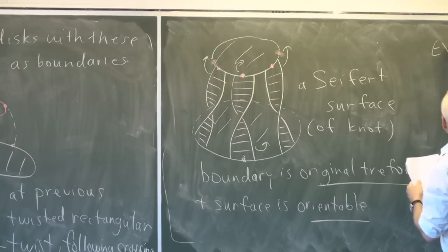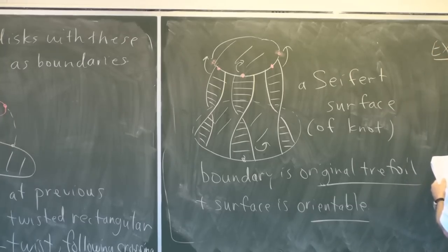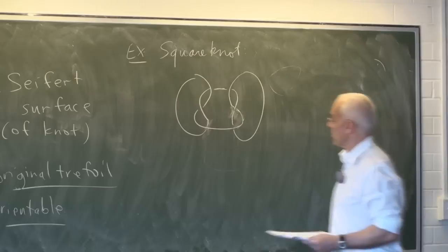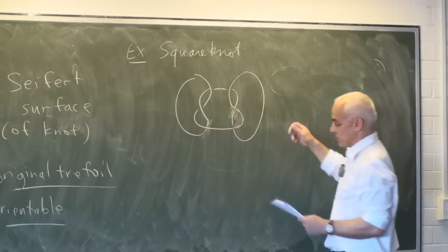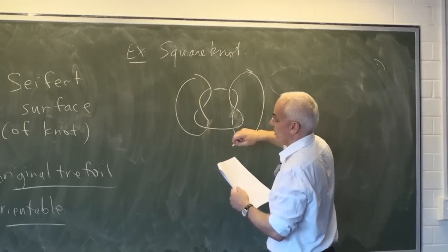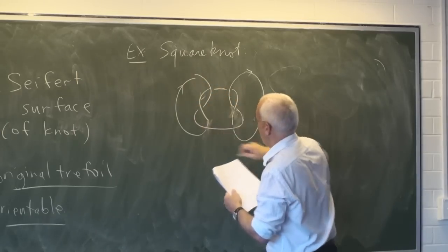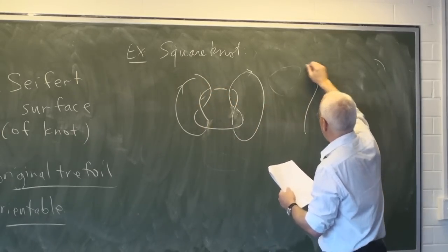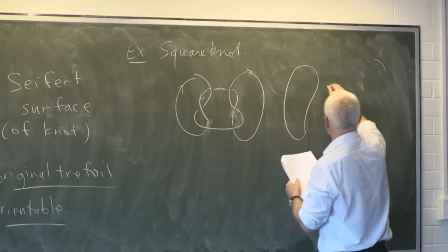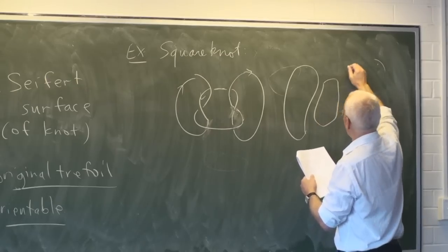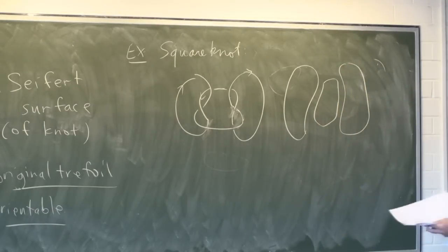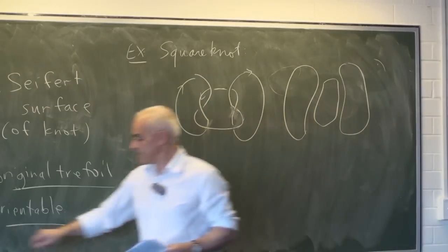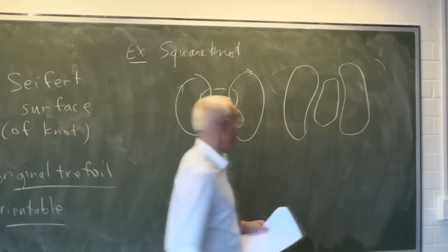So just as another example, we could also do this with, say, a square knot. If you did it with a square knot, you could orient it first, let's say in that direction, something like this. And then you would end up getting, at the next stage, 3 Seifert circles, roughly like this, with 6 crossing points.